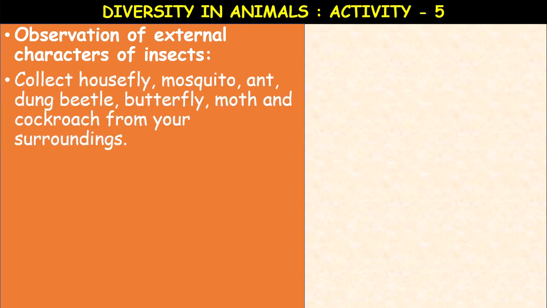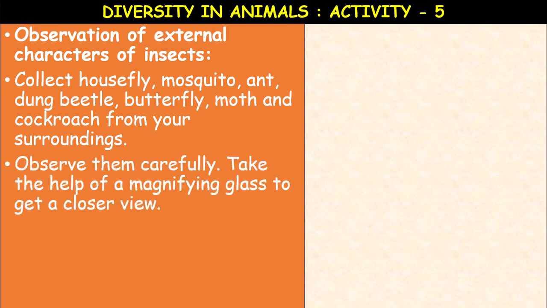So there are so many insects. Collect housefly, mosquito, ant, dung beetle, butterfly, moth, and cockroach from your surroundings. Observe them carefully. Take the help of a magnifying glass or hand lens to get a closer view.